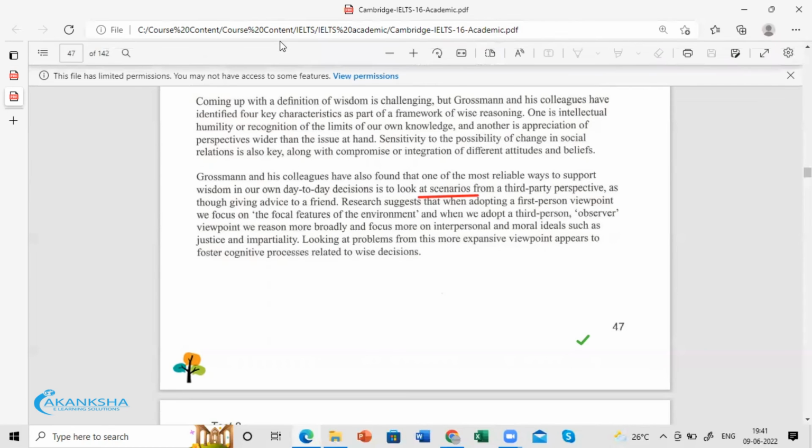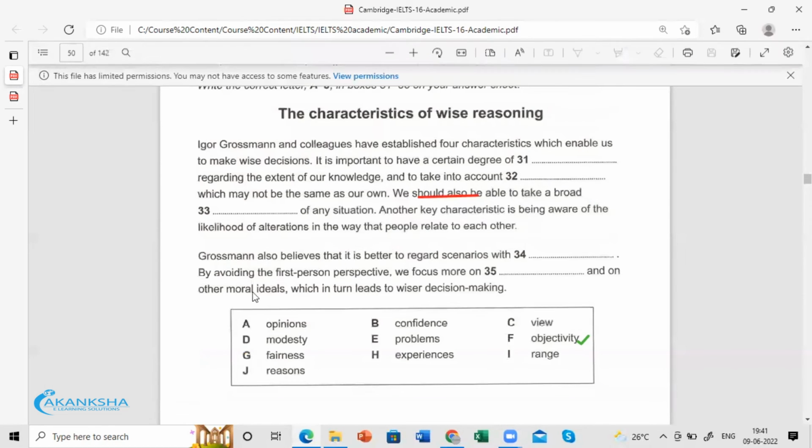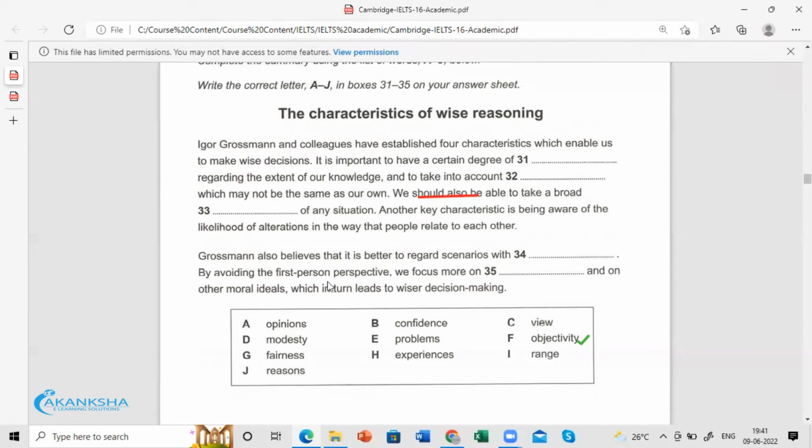Okay, now 35: by avoiding first person perspective, we focus more on, dash, and on other moral ideas, which in turn leads to wiser decision making.